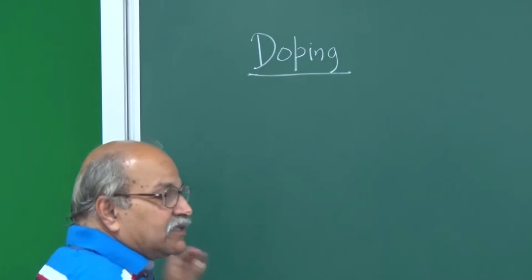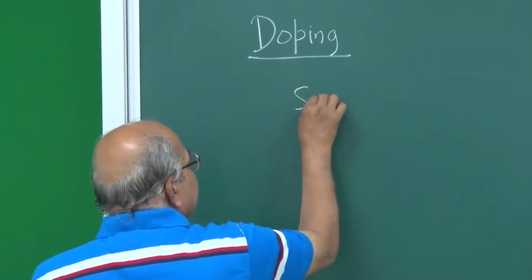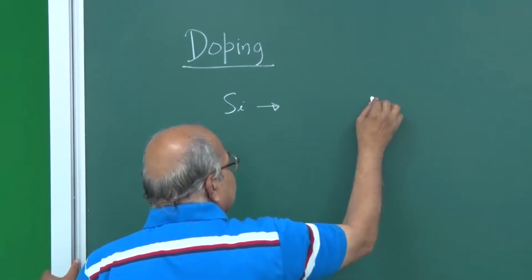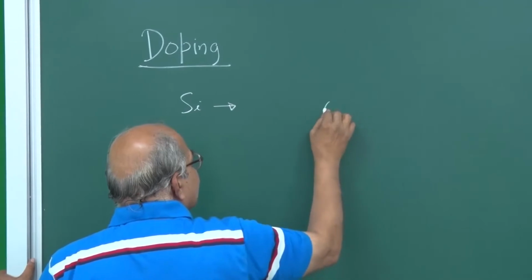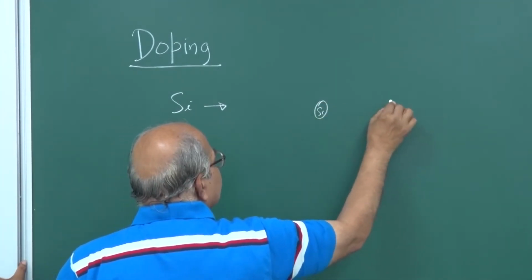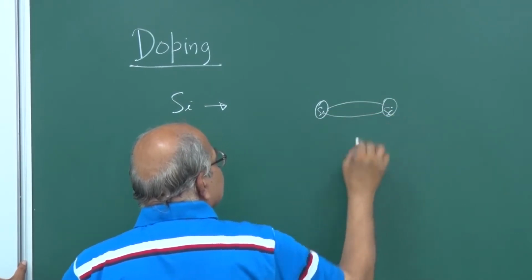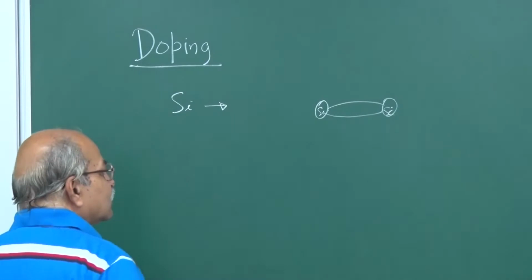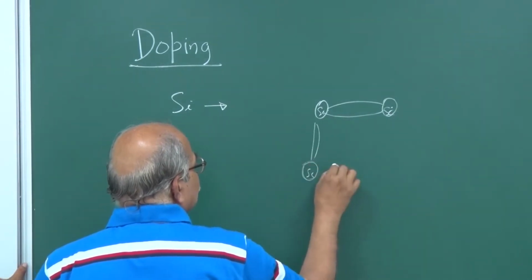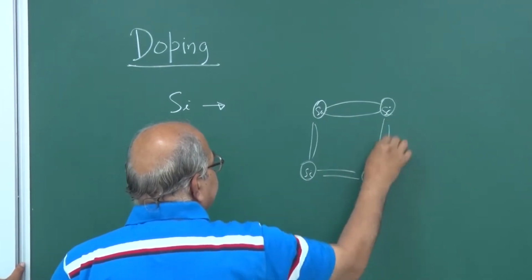So again, taking silicon as an example, pure silicon, as you know, has that tetrahedral structure and covalent bonding. Silicon and silicon are bonded by 2 electrons, 2 sp3 electrons, and each silicon is bonded to 4 other silicons and so on.